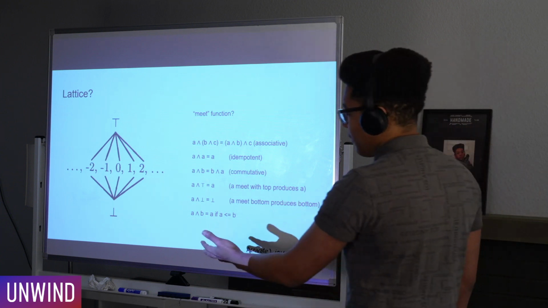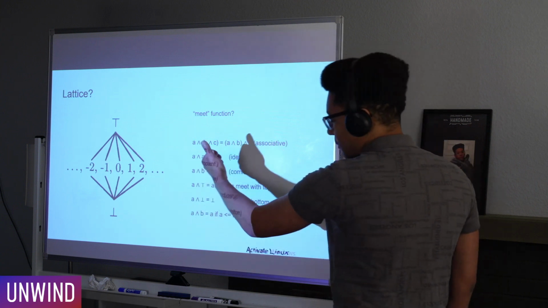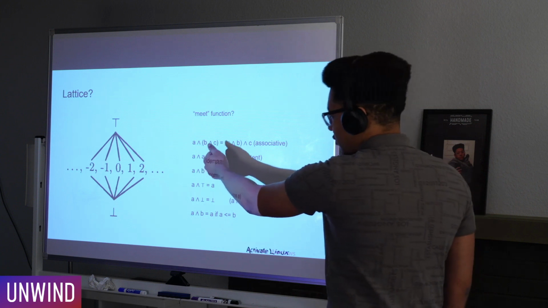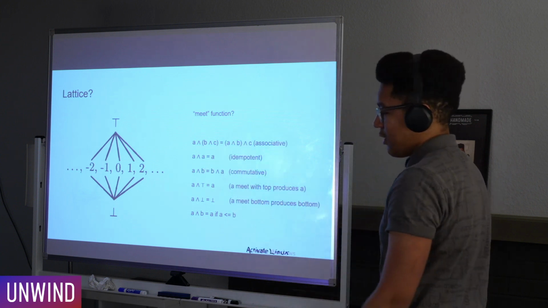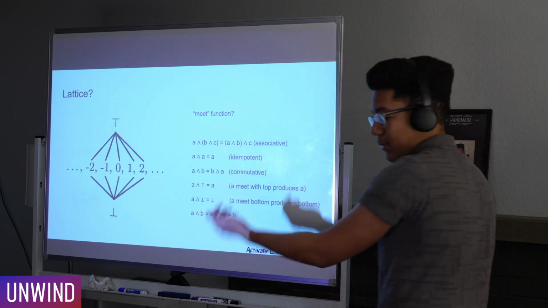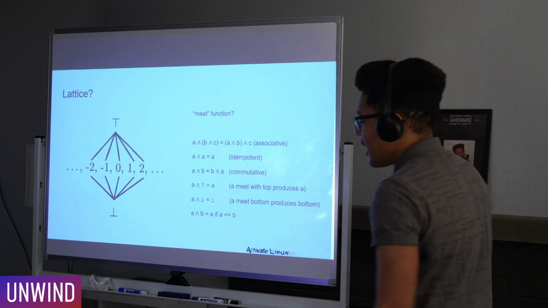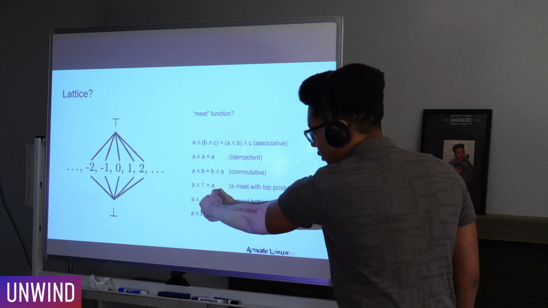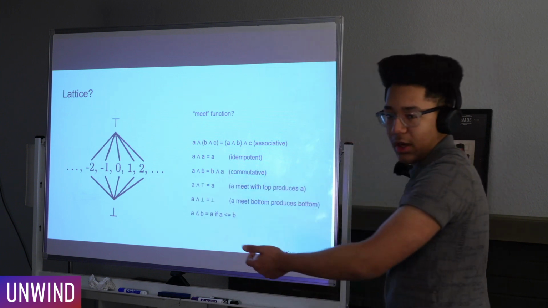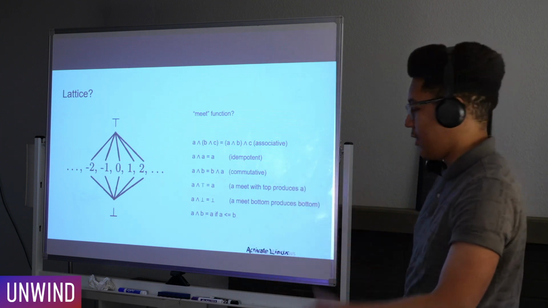And there's some operations we can apply onto these sets, these lattices. And so the important one right now is going to be the meet function, which is effectively a union. And so the idea is like if I union something with itself, it doesn't do anything. If I do unions, they're commutative, they're also associative, and we get a bunch of these neat little things. And then if I union with a top, I also get back the same value. And the reason why is because top is basically an empty set. So if we union with an empty set, we don't get anything else.